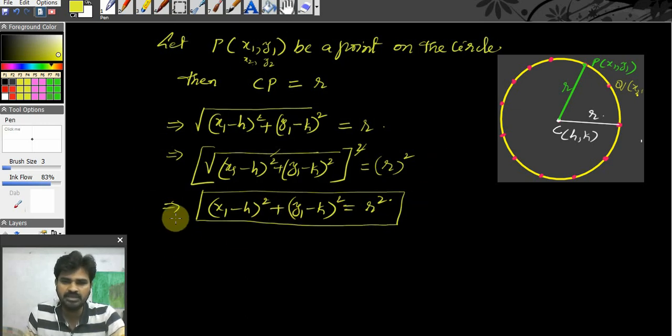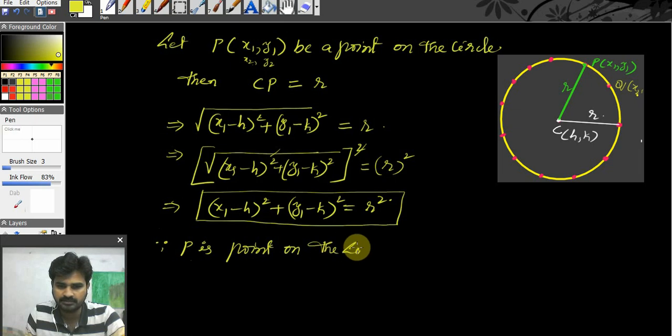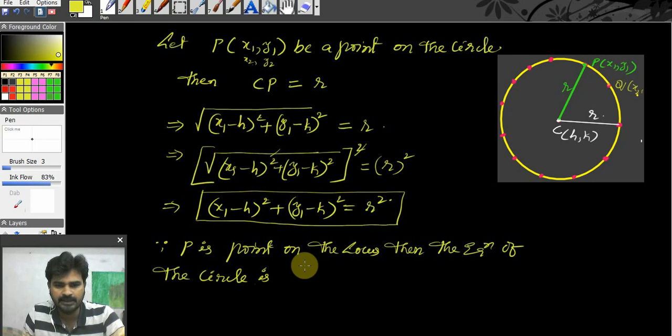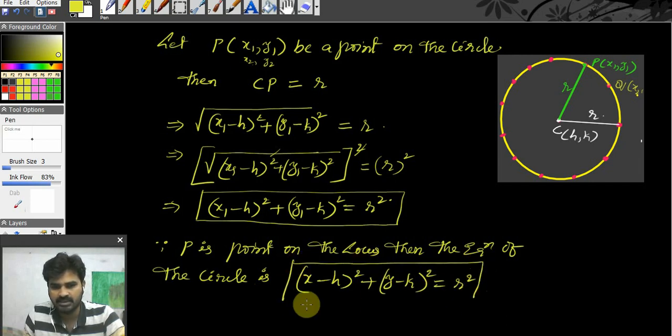That means P is an arbitrary point on the locus, so the equation of the circle is (x minus h) whole square plus (y minus k) whole square is equal to r square. This is the equation of a circle.